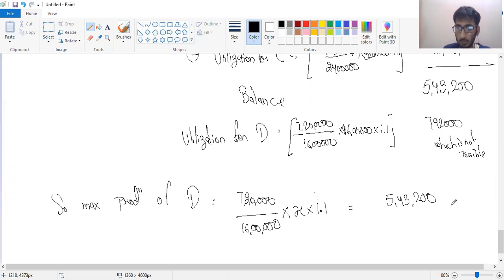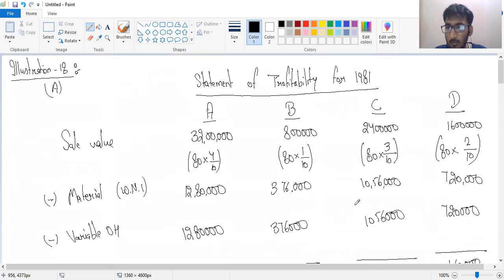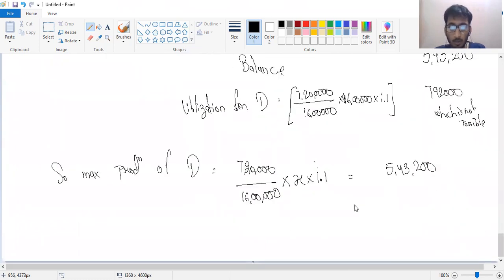543,200 multiplied by 16 lakh. So just a second. It is 720, right? It is 543,200.